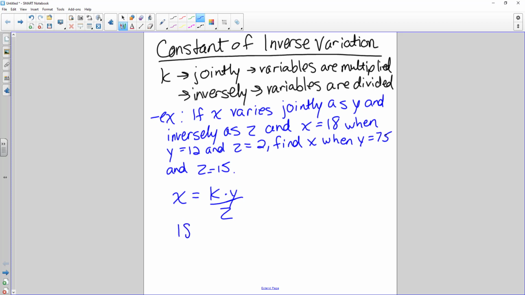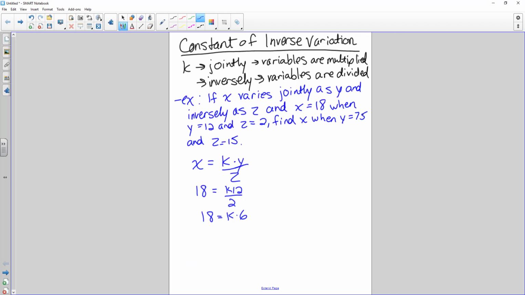So when x is 18, y is 12, and z is 2, I need to find k. Right now I've got 18 equals k times 6. So k equals 3. So my relationship is that x is 3y divided by z.